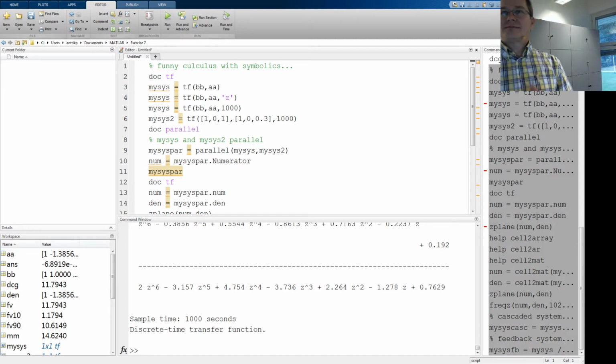Question: for calculating the systems, can we use z as a variable? I think you can. I'm not quite sure how to use the z terms in the exercises.